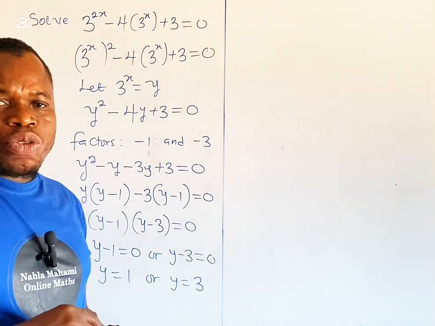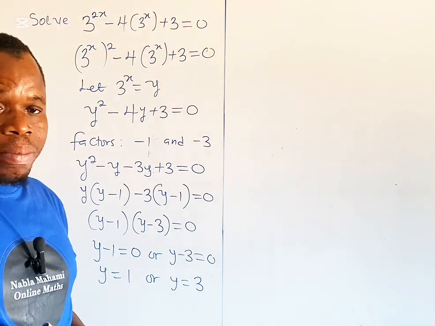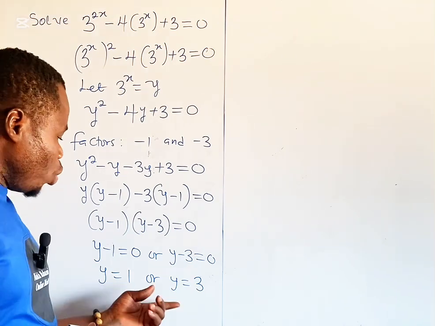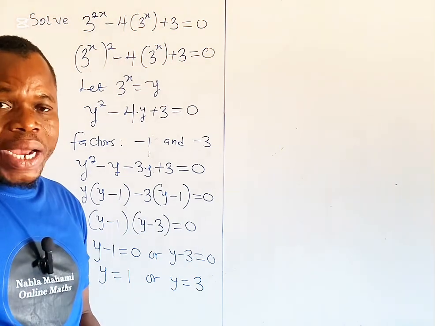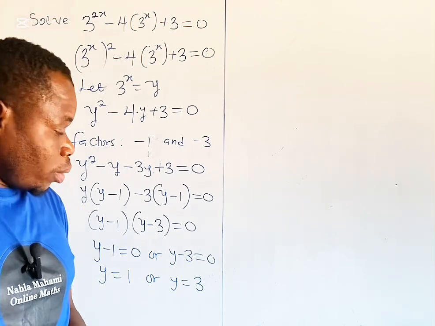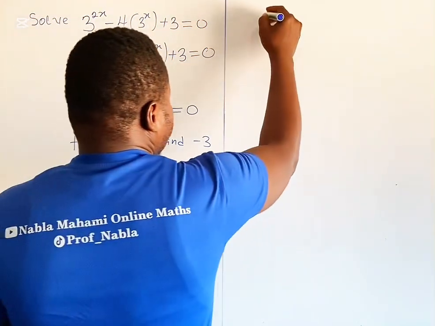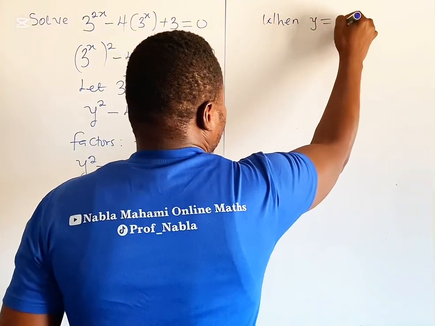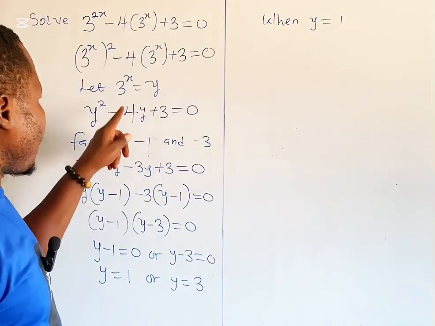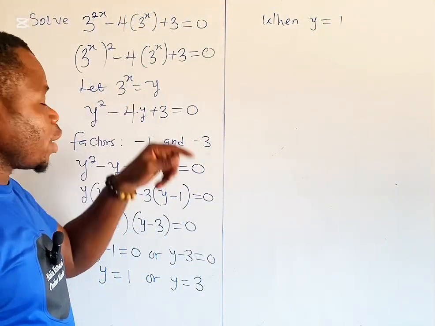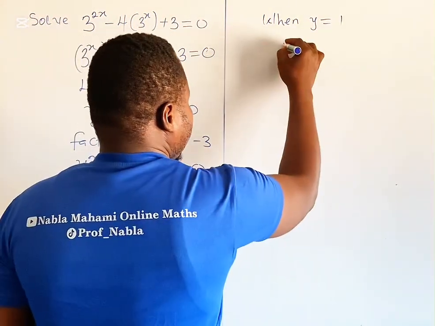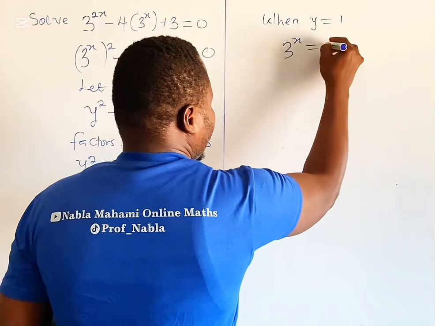But we are not asked to find the values of y, but rather we are asked to find the values of x. So I will now use each of these values to find my x values. So I can say that when y is equal to 1, then we'll come back here. 3 raised to the power x is equal to y. Then my y is now 1. I can say 3 raised to the power x is equal to the value 1.